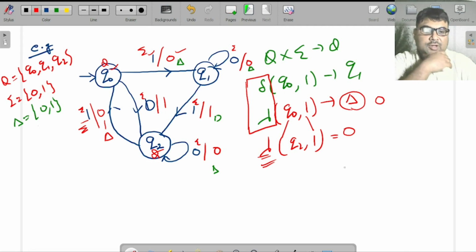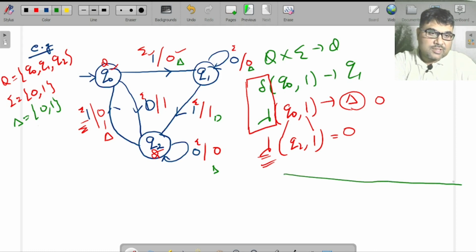Now how to draw the table. Let's draw the table. There is the present state, and the next state.